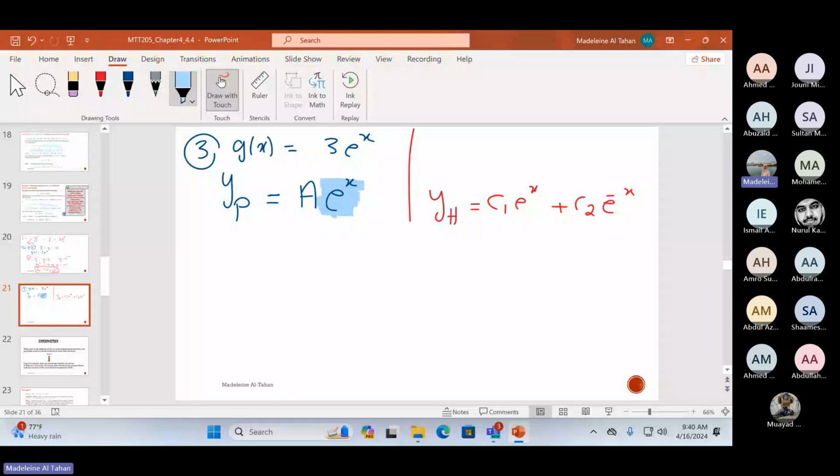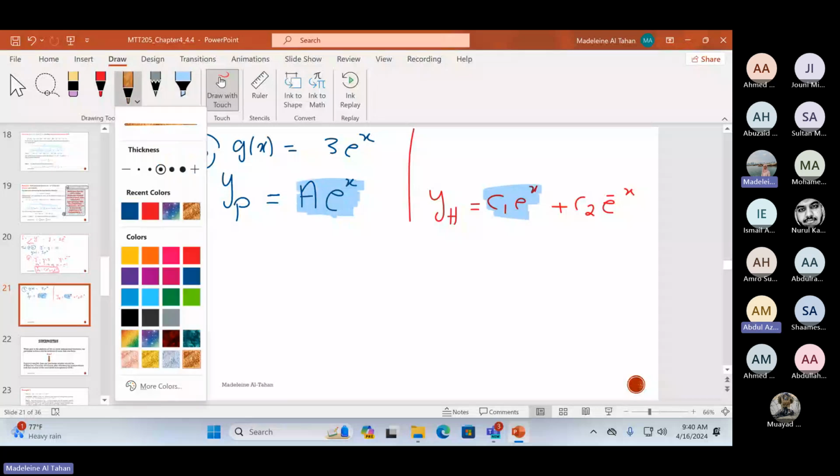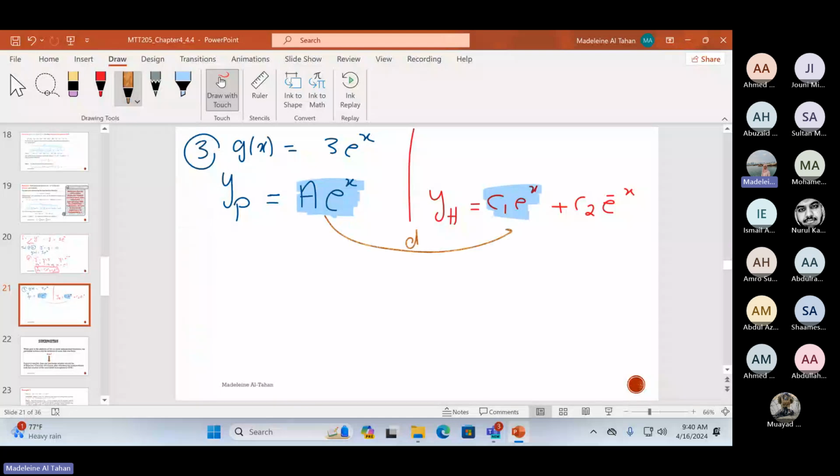And here, what do we have? Constant times C1 e^x, right? So what can we say here? Dependent or independent? Dependent. This is what we mean by dependent.